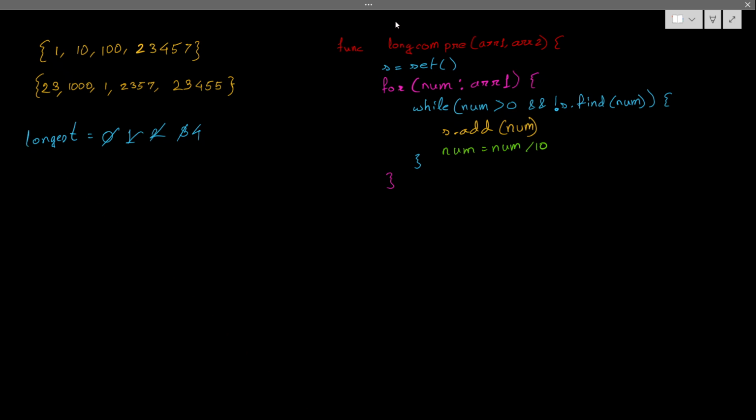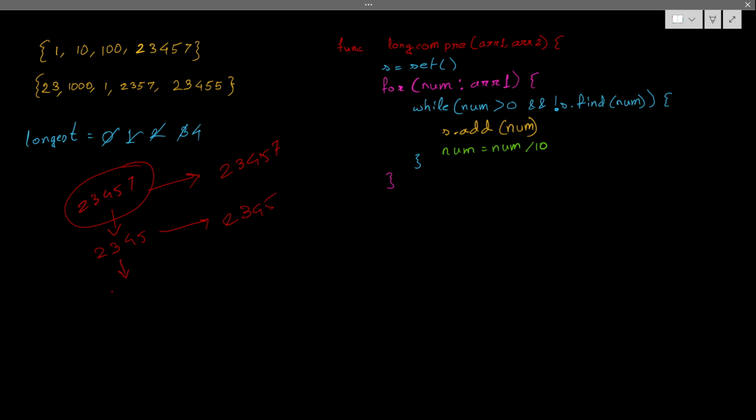So what is the unique set in this 2, 3, 4, 5, 7? What are the cases? We'll start with 2, 3, 4, 5, 7. We'll check whether this whole number is present in there. No, right? We will add 2, 3, 4, 5, 7. Then we will reduce the number to 2, 3, 4, 5 and check whether it is present. No. We'll add 2, 3, 4, 5.